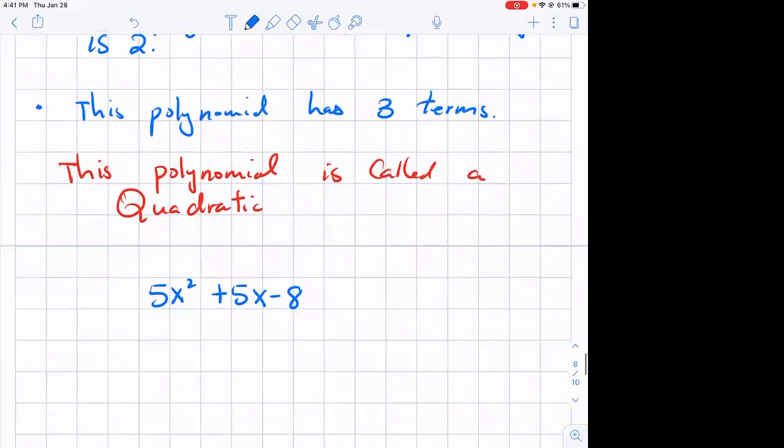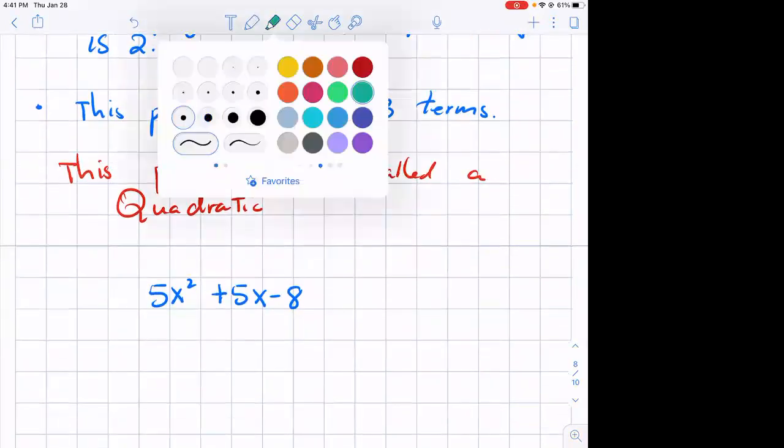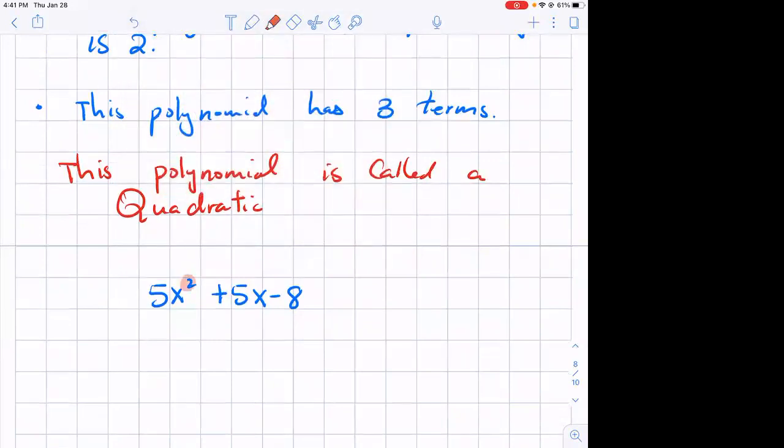The only reason it's called quadratic, class, is because the highest power is 2, followed by a power of 1, followed by a power of 0, because here it's really x to the 0. So for a quadratic, the highest power must be 2, and only 2.